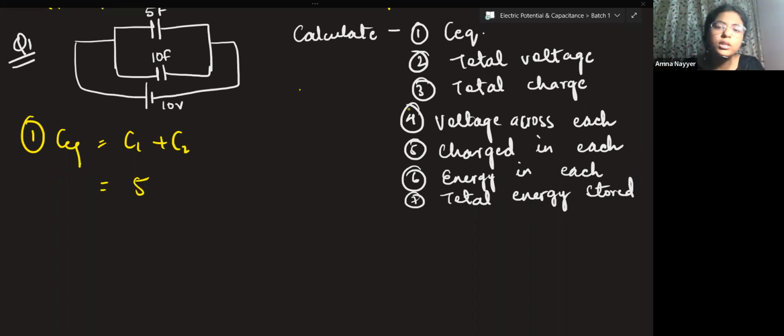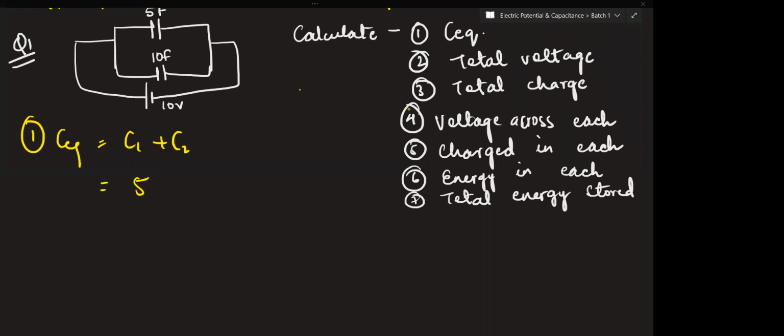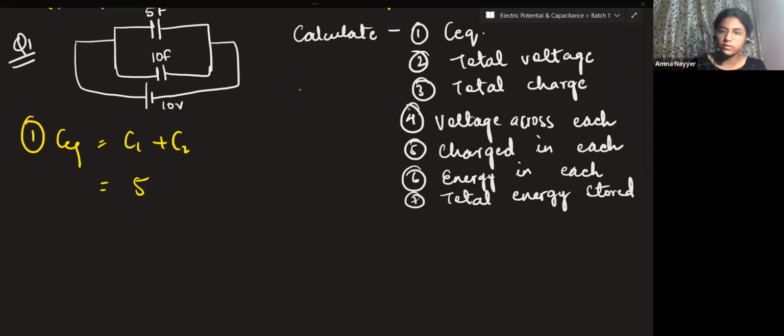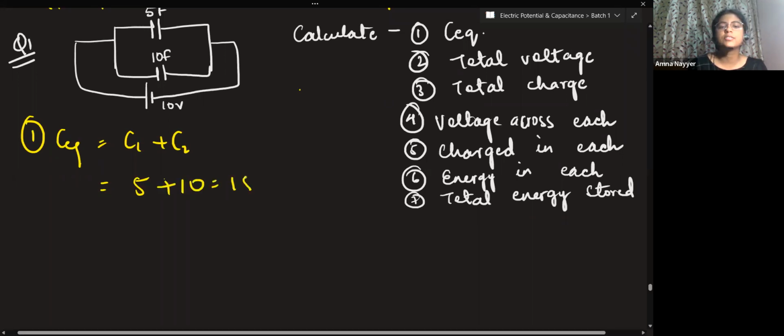Okay, 50 coulombs and 100 coulombs, I believe. Khalid? Yes. First one is 50 and that's correct. Hania, 15 coulomb, correct. It will be 15 farad. Farad is the answer. 5 plus 10 gives you 15 farad. This is your C equivalent.